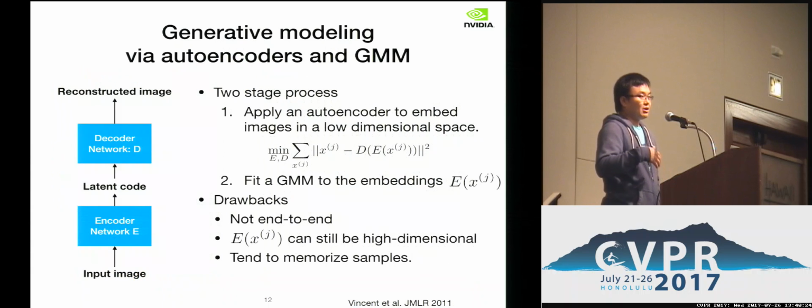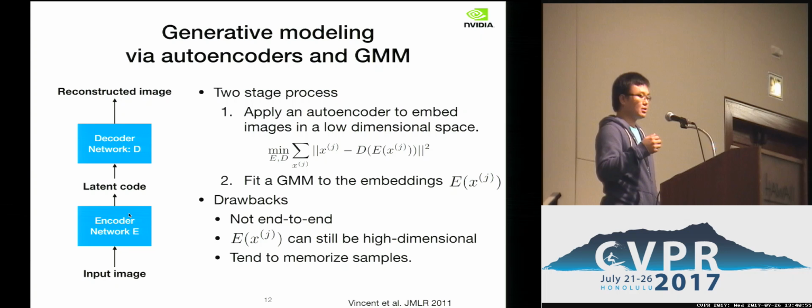So one direct extension for applying a Gaussian mixture model to high-dimensional data is to use autoencoders. It's a two-stage process. In the figure we see here is the autoencoder. It has an encoder network E and a decoder network D. For an input image, we first use encoder E to map it to some latent code.